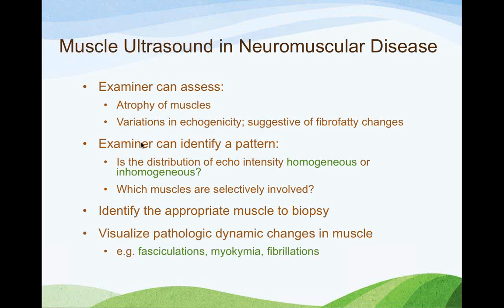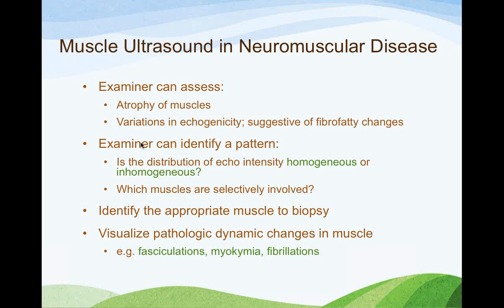And the other thing is that you can visualize pathologic dynamic changes in muscle. Just like I was talking about with the different changes, there is a certain type of movement in muscle that is very specific to motor neuron diseases such as SMA, and it's called fasciculations, and you can see this in the muscle. There are things known as myokymia. Myokymia can be related to some channel diseases.